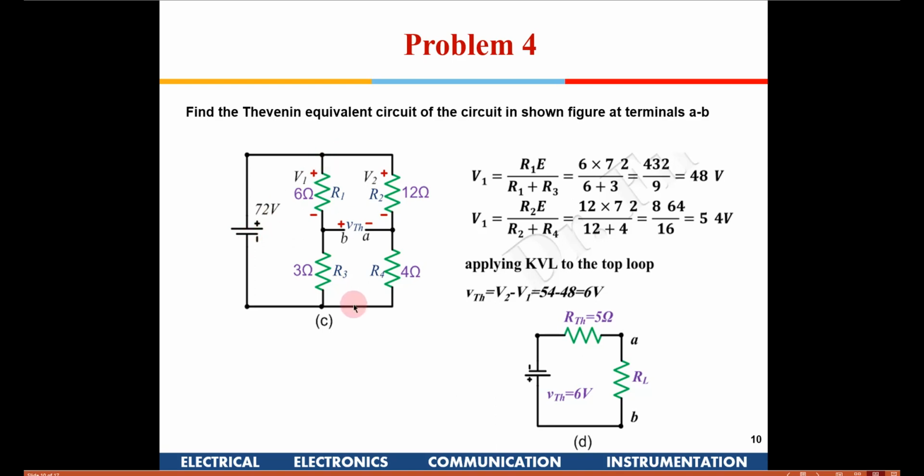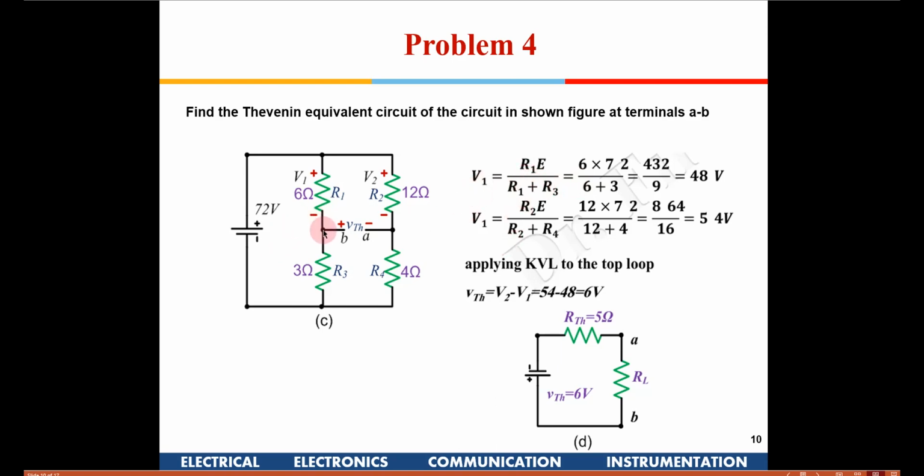So this voltage will be 72 irrespective of what currents flow in the other branch. So this B and A we can straight away find out using the voltage division rule, right?